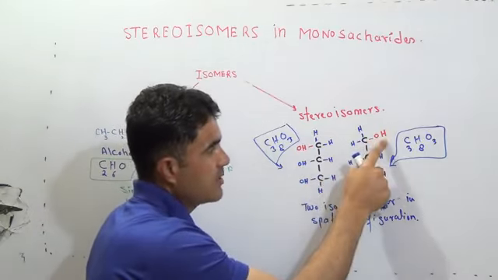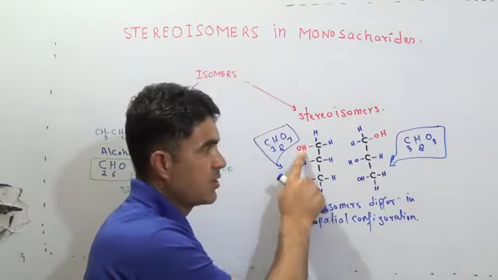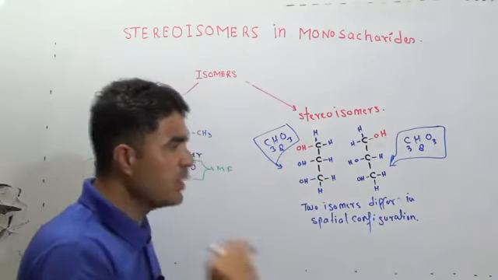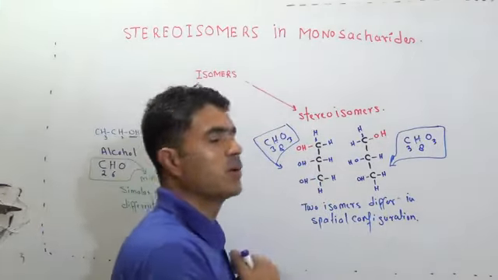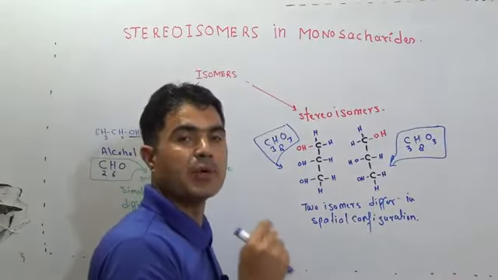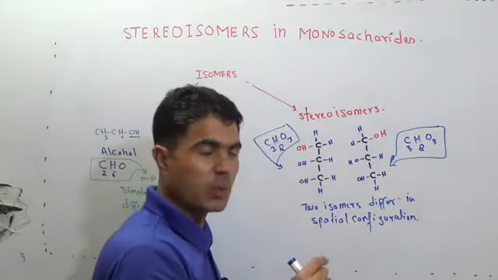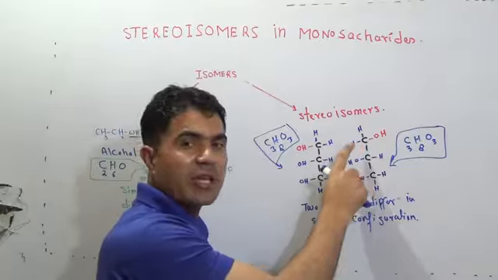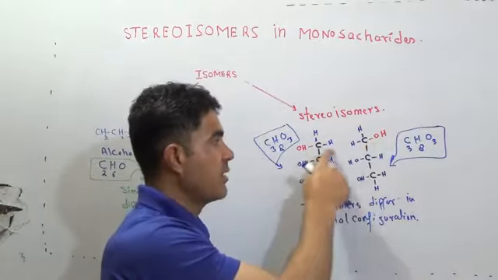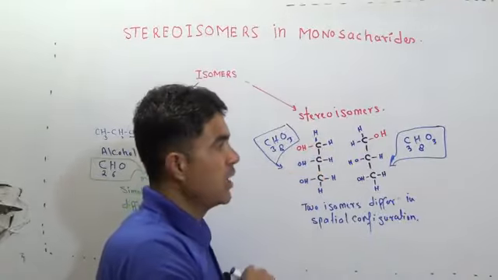OH on the right side, OH on the left side. So the only difference that we can see in these two compounds is the presence of the OH group. In one compound it is on the right side, in the other compound it is on the left side.